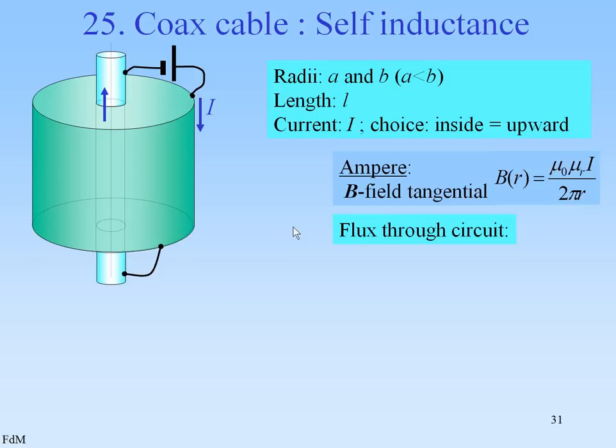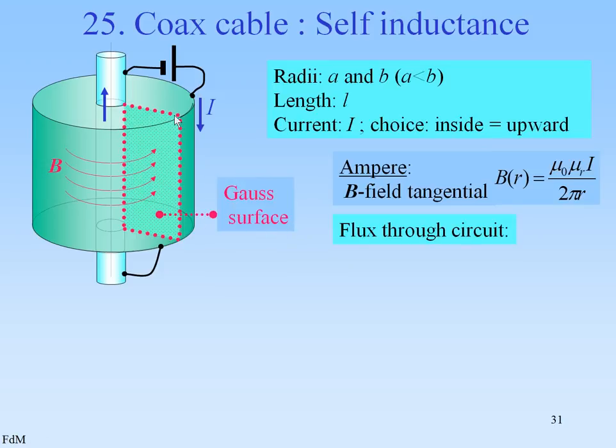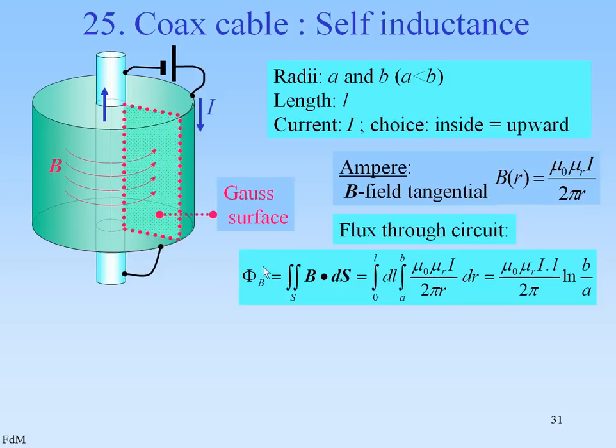The flux through the circuit, this Gauss circuit here, is given by the surface integral over B, which is the integral over dl, where dl is along the length, times the integral over dr, where dr is along the radius.